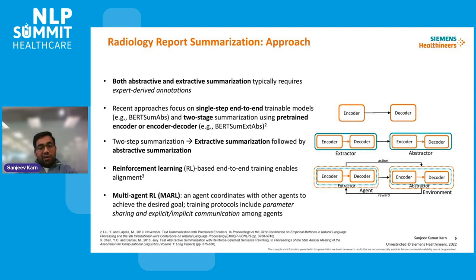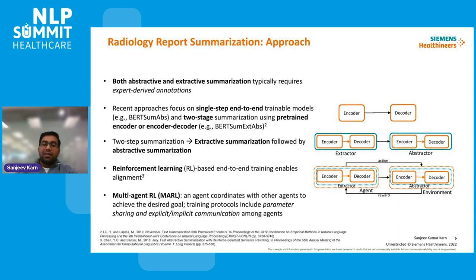There are advanced forms of such single-step end-to-end models, like two-step summarization, where this BERT-based encoder is not just trained on summarization tasks like generating the impression out of the findings, but is first fine-tuned on an extraction task.